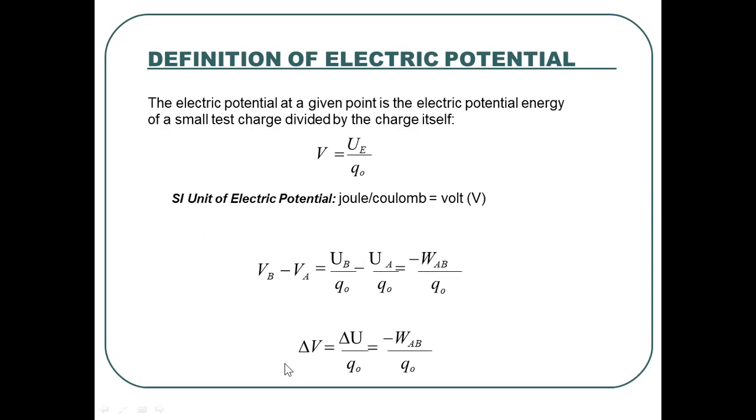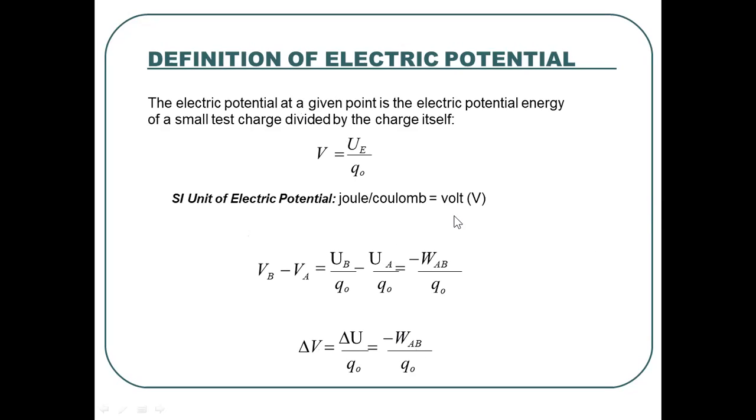If we're going to further expand the formula, and we are given 2 points or 2 charges here, your delta V, or the voltage between B and A, could be expressed as a change, which would be equal to the change of your electric potential energy all over the charge.